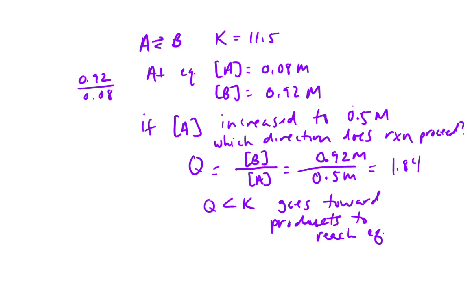If we add more product at equilibrium, we're going to shift back to the reactants, form more reactants, and so on. Mathematically, you can take this really simple example and prove that to yourself if you need to. Questions on this, and we're going to go back to our previous slide.